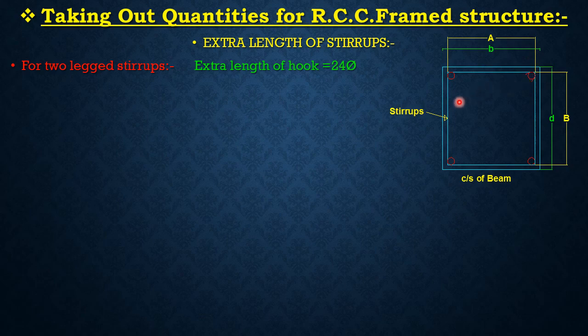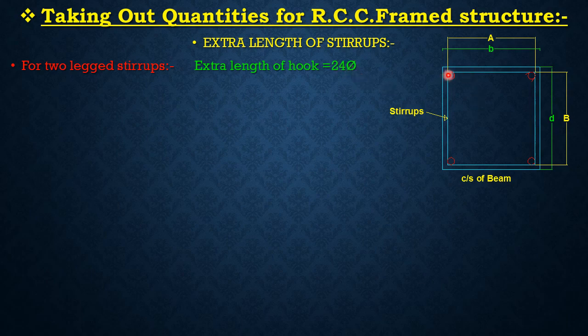So here the bend is 135 degree, then according to IS 2502 for bend 135 degree extra length is 24φ. Here φ is the diameter of a bar.